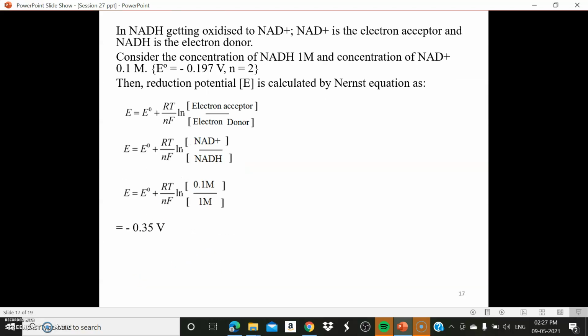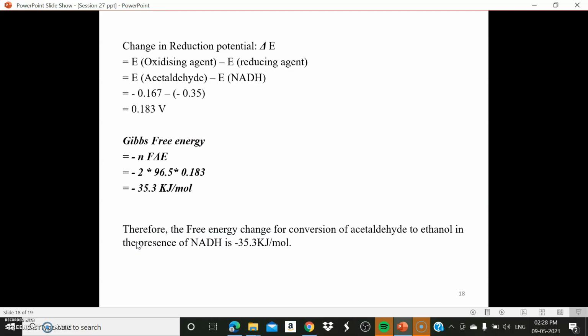Similarly, NADH getting oxidized to NAD+. Here NAD+ is an electron acceptor and NADH is an electron donor. Consider the concentration of NADH to be 1 molar and NAD+ to be 0.1 molar. You substitute in the equation, and you get E equals minus 0.35 volts. Now, the change in reduction potential ΔE is E of the oxidizing agent minus E of the reducing agent. Which is the oxidizing agent here?